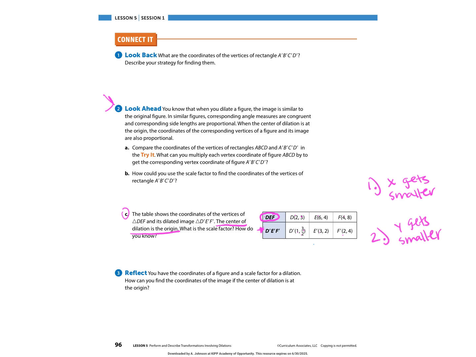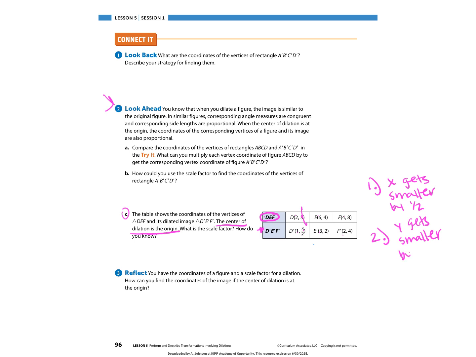How much smaller? 2 to 1, 1 is half of 2. 6 to 3, 3 is half of 6. 4 to 2, 2 is half of 4. So x gets smaller by half. Y, I don't know. 4 to 2, 2 is half of 4. 8 to 4, 4 is half of 8.